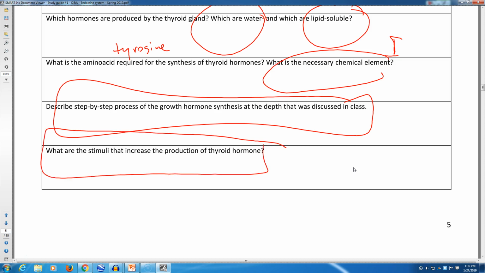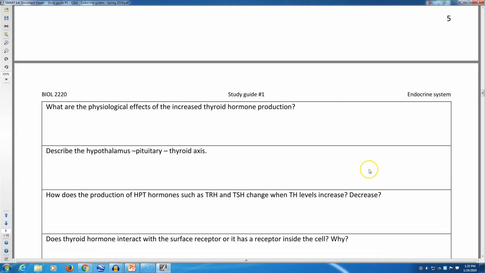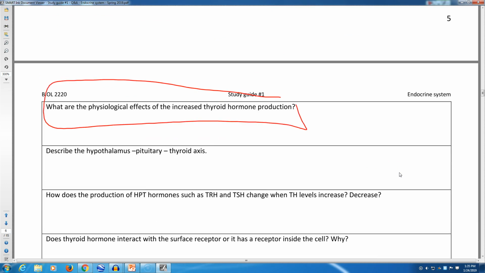Stimuli that increase production. Low BMR. Physiological effects. Now, high BMR is not a good answer. Remember we discussed things like increased cardiac output or increased heart rate or increased respiration, perspiration, stuff like that. Protein synthesis, breakdown of fat.